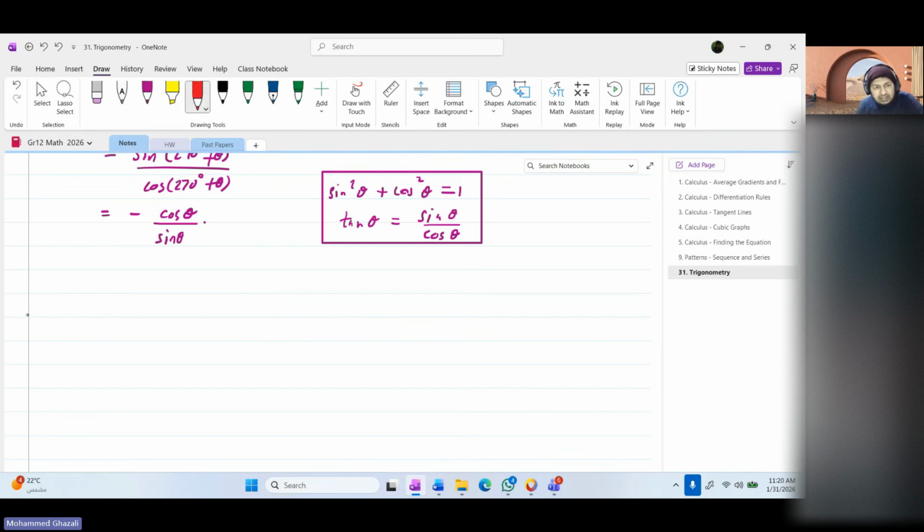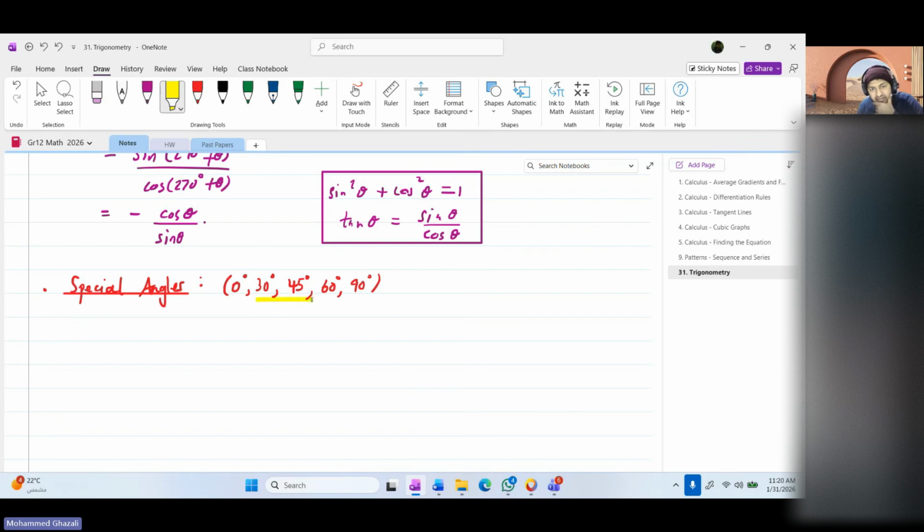Now, next part is special angles, right? What is special angles? When you are working with special angles, you're going to work with 0, 30, 45, 60 and 90. For 0 and 90, I would suggest just use a calculator.